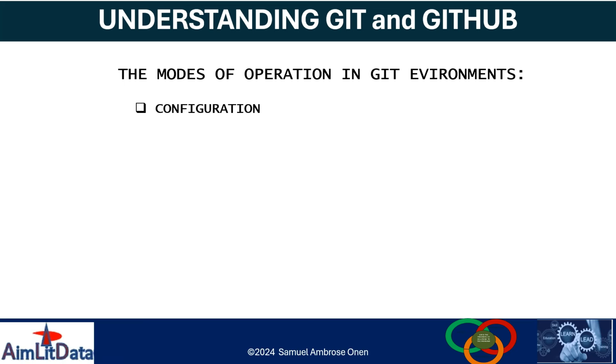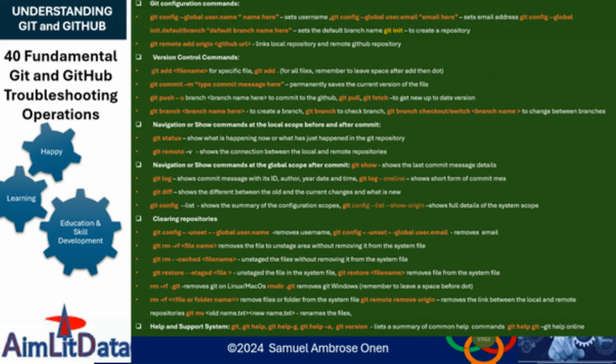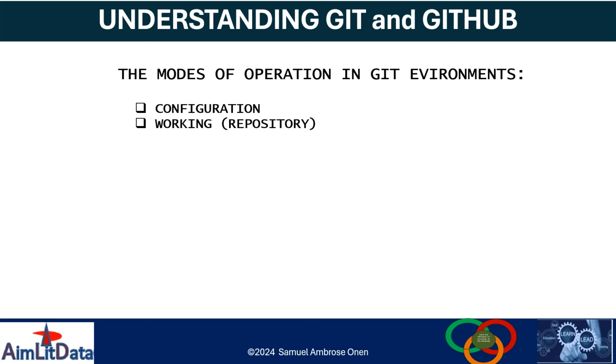We are going to configure our Git, what we did clear previously from our repositories. We are going to reconfigure them back, and obviously we'll be working on what is called the working environment, which will be the Git repository, because without a Git repository we cannot do anything.